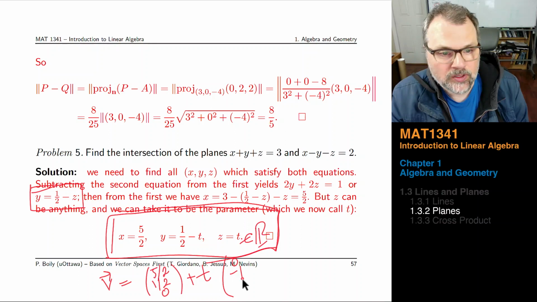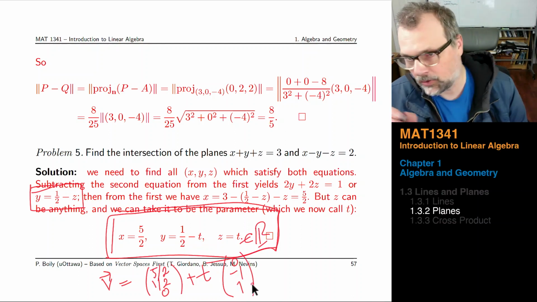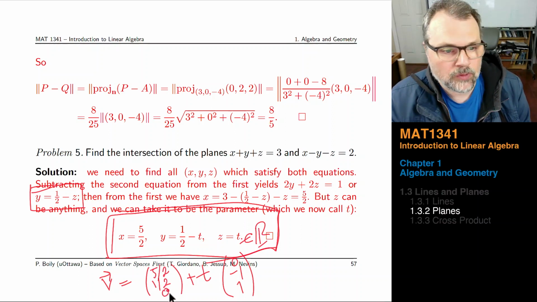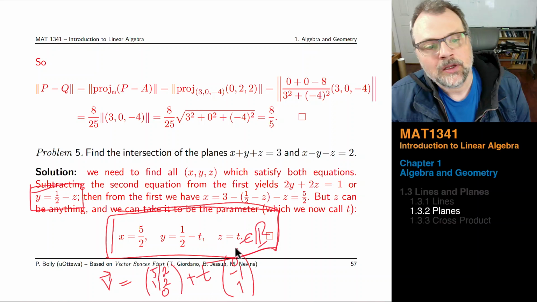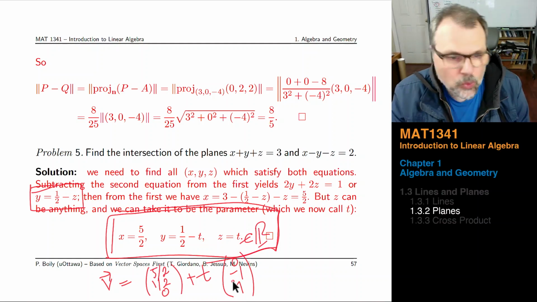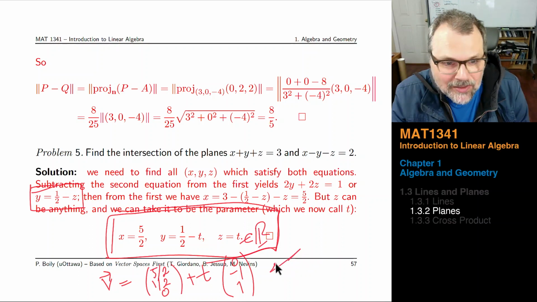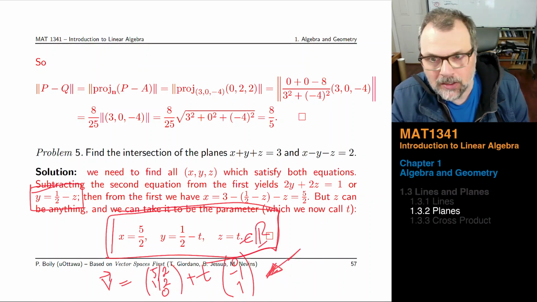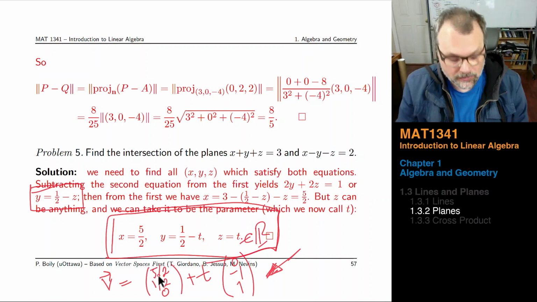There's minus 1t in the y, and there's 1t in here. And here's the vector parametric equation. v0, which is (5 over 2, 1 over 2, 0), plus t, the direction vector (0, minus 1, 1). If you wanted to rescale the direction vector, you could, but you cannot rescale the point that's on the line, because it's not a vector here, it's a point. These are different things.